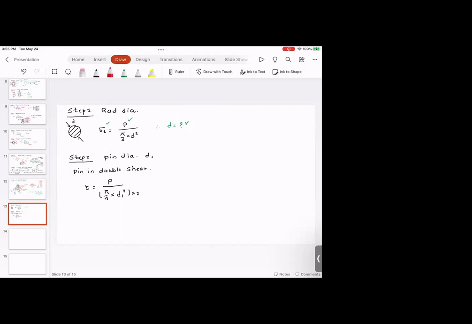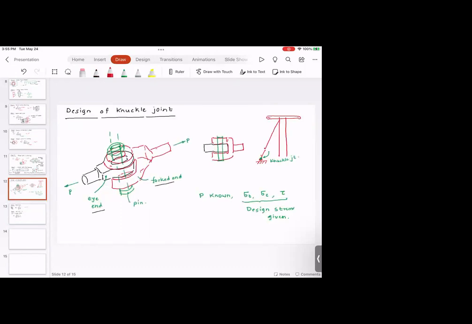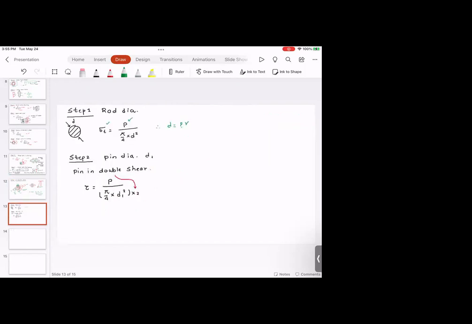And this 2 comes in the picture because the pin is in double shear. So if you think about the pin, it can fail over here and the pin can fail over here. So the pin is in double shear, and from here, you can find out the value of D1.